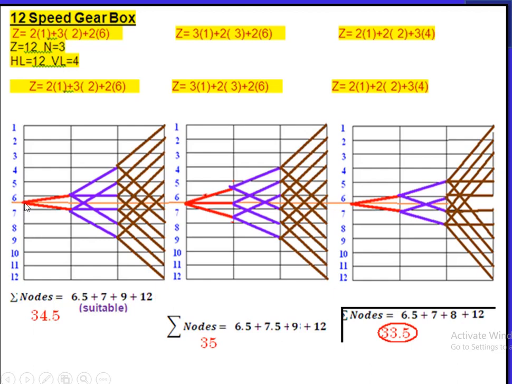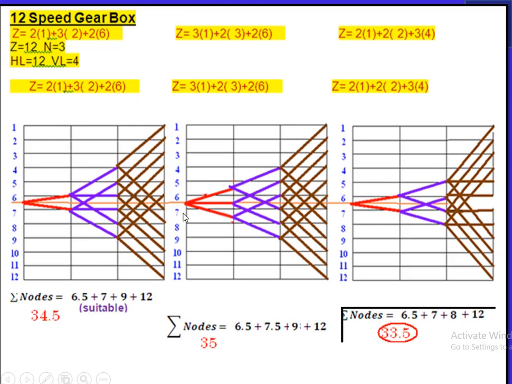It is 6.5. At the second shaft, what is the maximum value of node? That is 7, isn't it? Here that is 9. Okay, here is the 9 maximum value, then it is 12. So the addition is 6.5 plus 7 plus 9 plus 12, that is 34.5 we got.